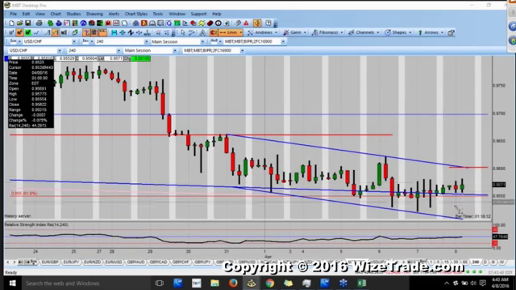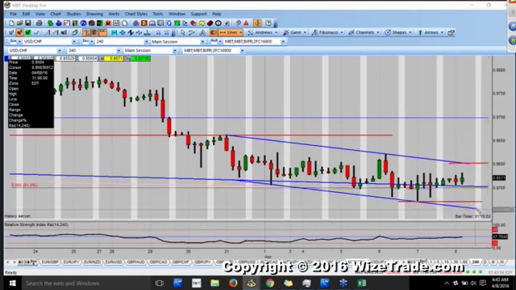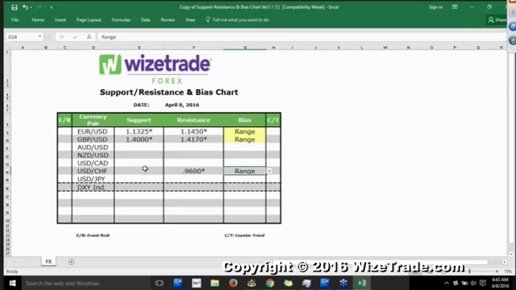Support 95.20. I mean, if we can make our way down there, even if we push to new lows, we're not going much further. Maybe 95 cents, but remember the big 618 that's down here. So 95.20 is support. All right.